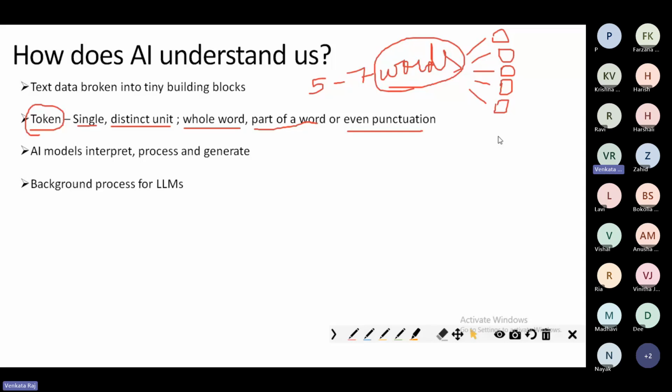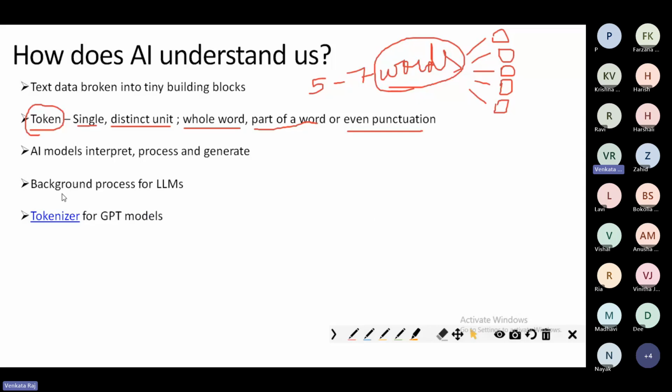Now I'll show you one demo, guys, for the GPT models of OpenAI. How do they process? This process of breaking down the instruction or the text into smaller, distinct blocks, which are called tokens, is known as tokenization.